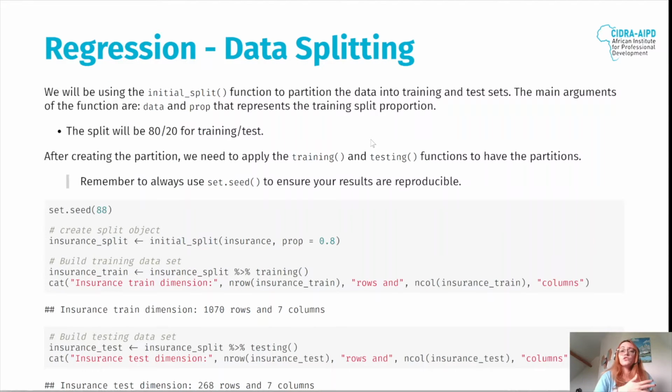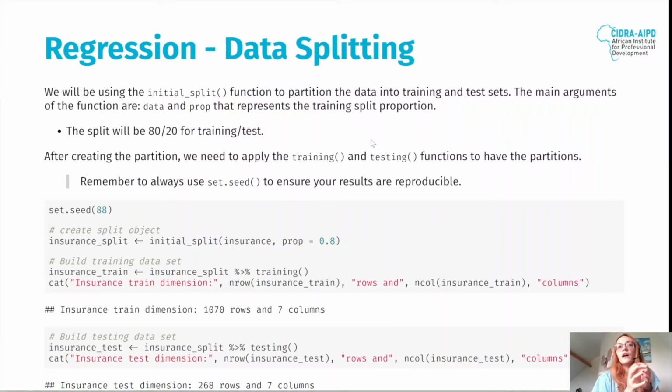And what I'm gonna do is step on to the next step of applying a supervised machine learning kind of model. So the next step is the data splitting. The function that I'm gonna use is initial_split.